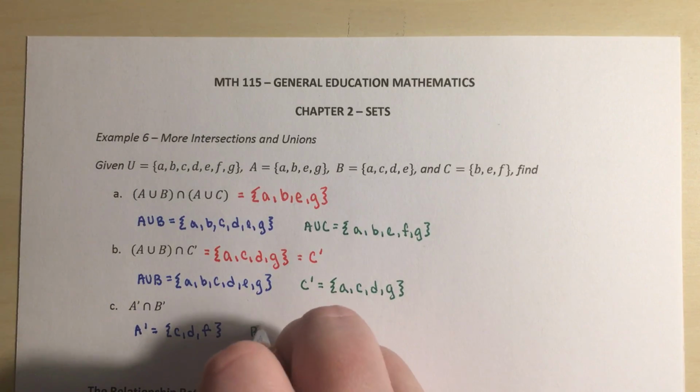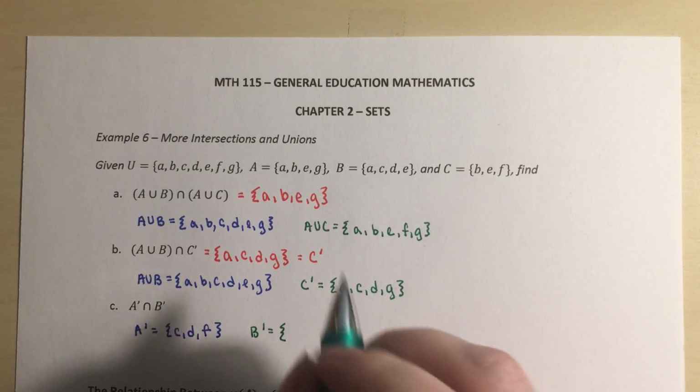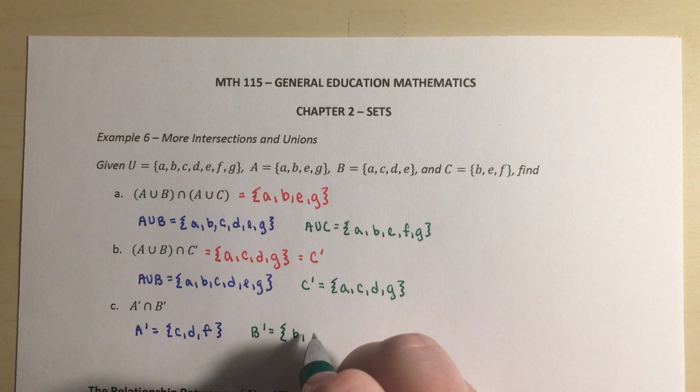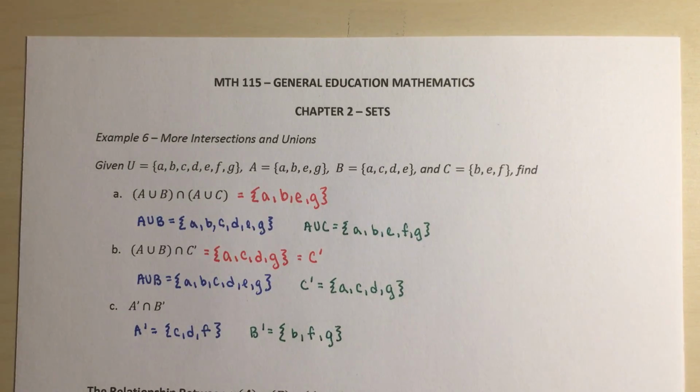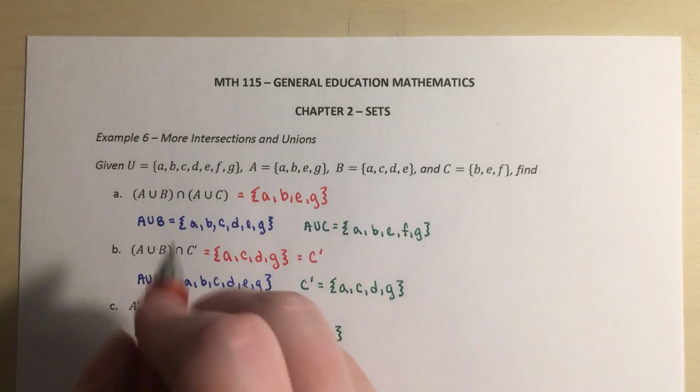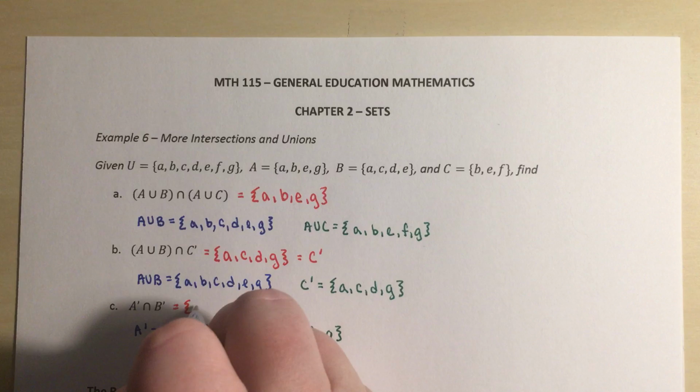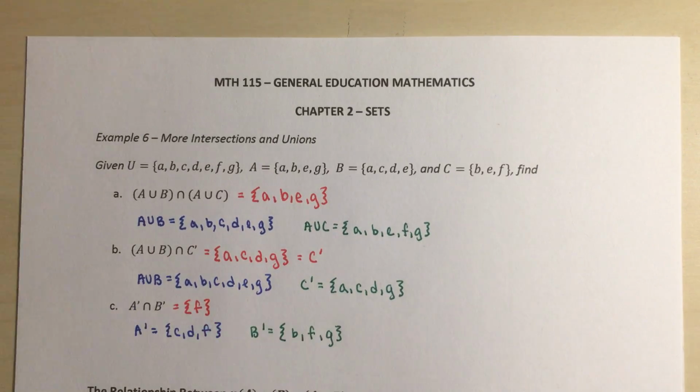Our complement of B is B, F, and G, and that should be all for there. So what's in both sets? It looks like the only thing in both sets is the letter F. Again, we're thinking what's in both because we're thinking intersection. If we were asked for a union, we would list all of those things that are in there.